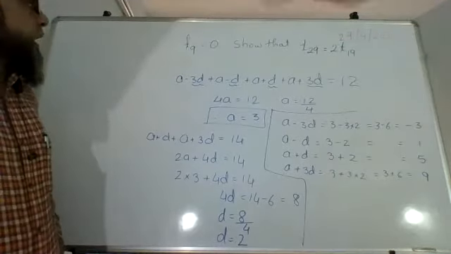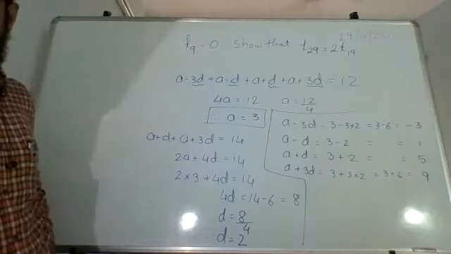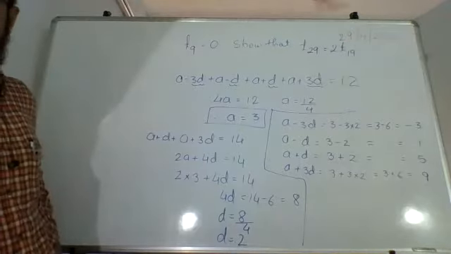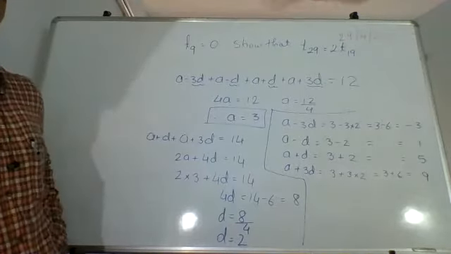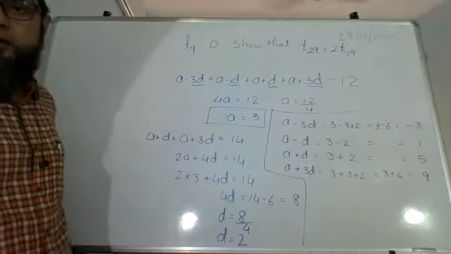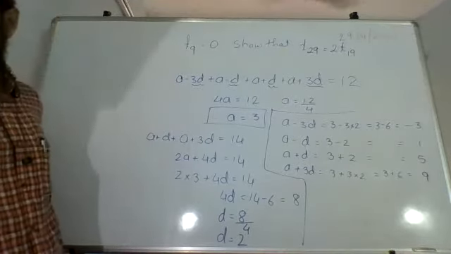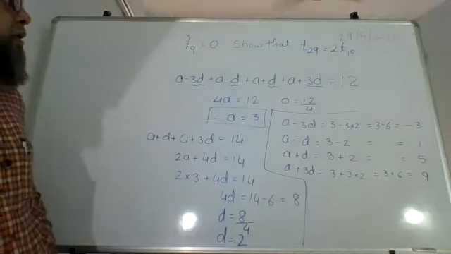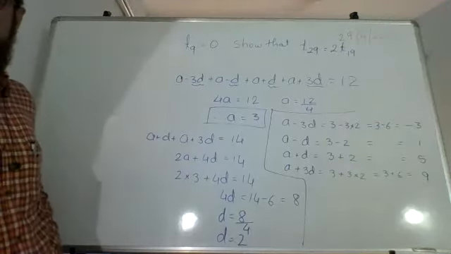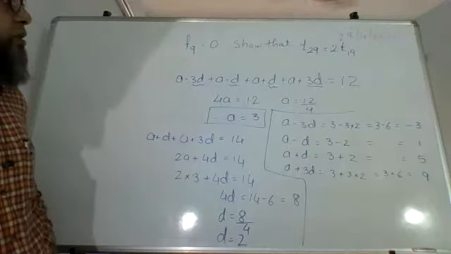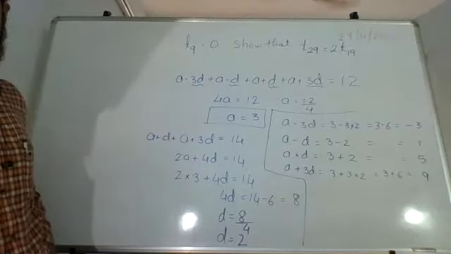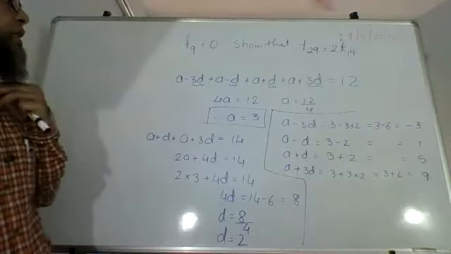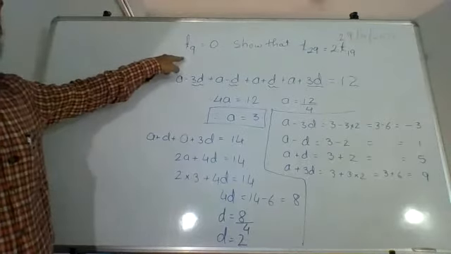So the next sum says, if the ninth term of an AP is 0, then show that the 29th term is twice the 19th term, which I have written in short over here.